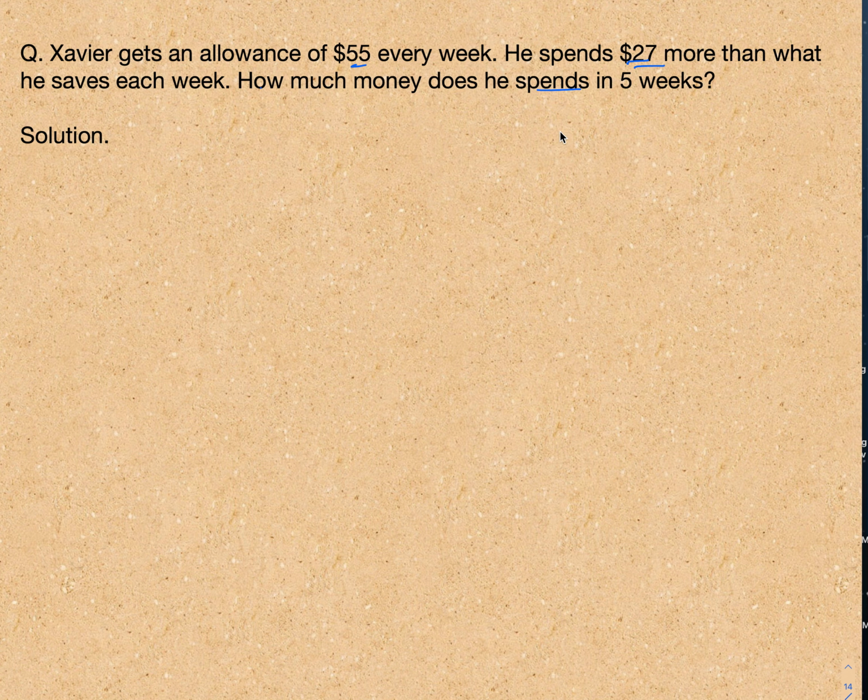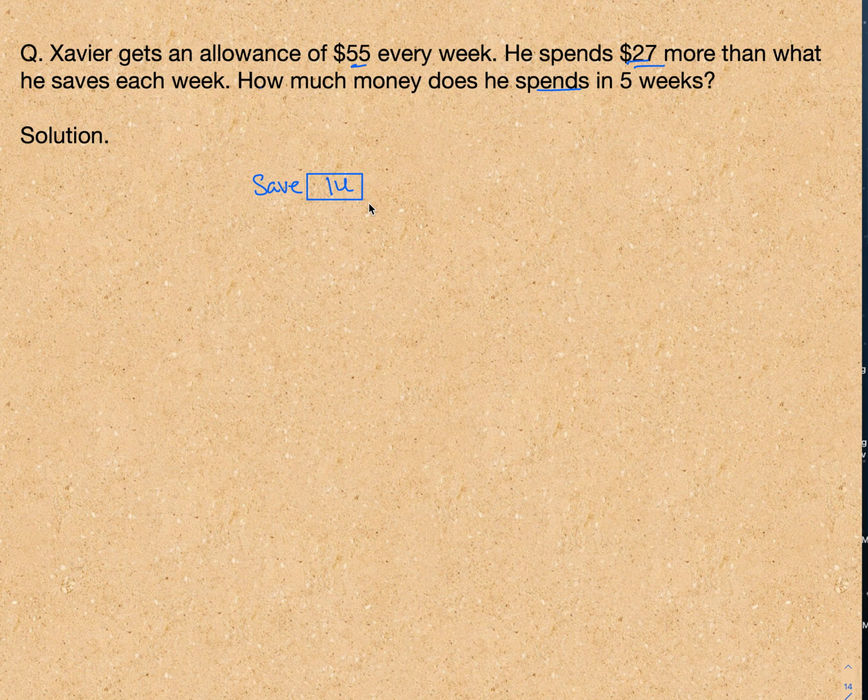Okay, so let's start drawing our model. We know that he saves less than what he spends. How much? 27. So let's draw the model. Let's say this much is his saving every week, and let's say this is 1 unit. So how much does he spend?